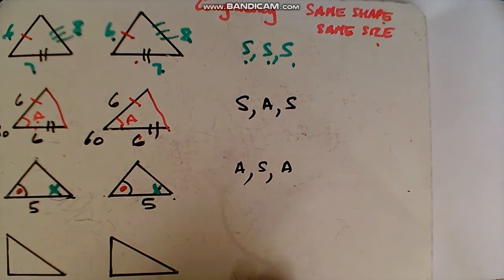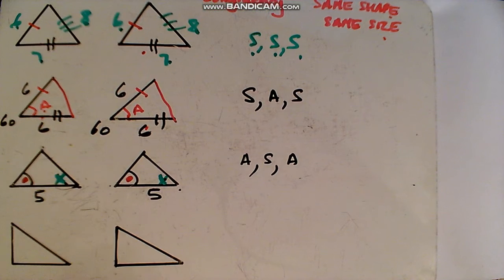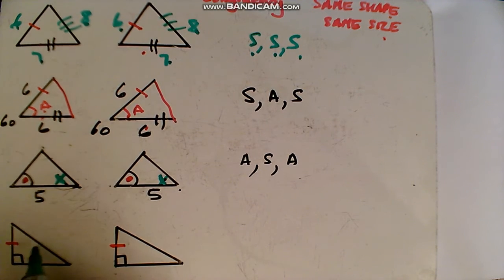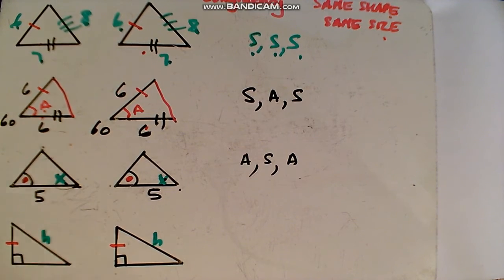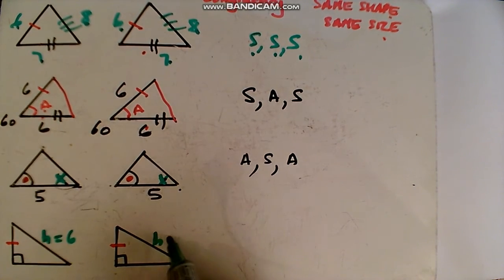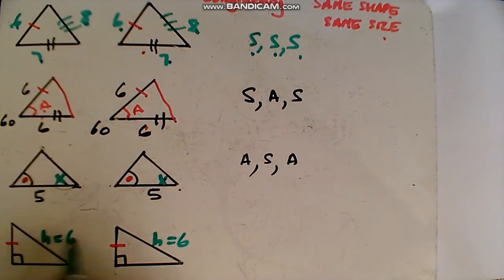If you look at the last two triangles, they look like a 90 degree, but in geometry we never assume that they are 90 degrees unless the value was given. And so now they put in a 90 degree given in the question, and they marked for us one side and a hypotenuse. Right? So they tell you the hypotenuse is equal to 6, for example. Hypotenuse 6, hypotenuse 6.